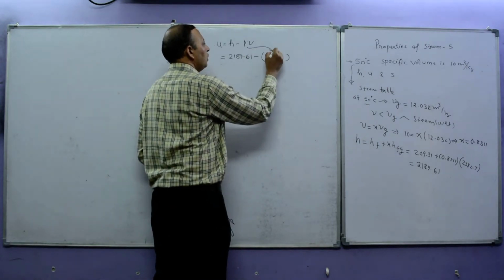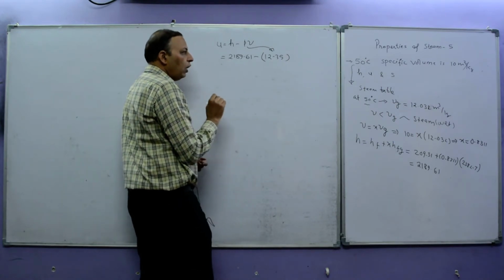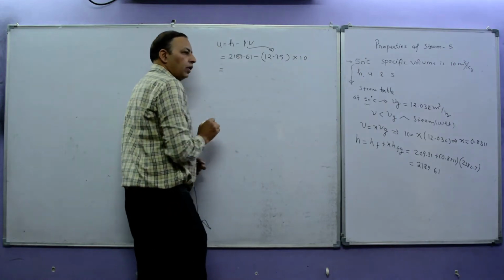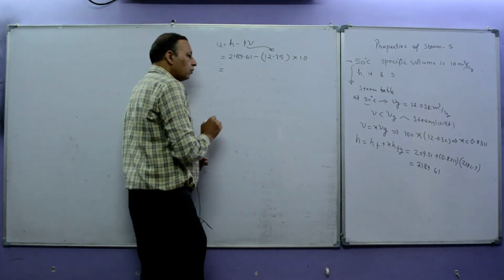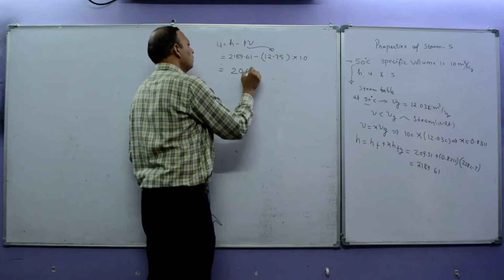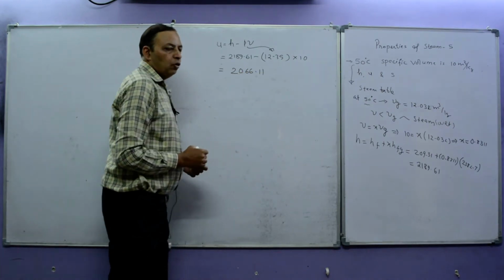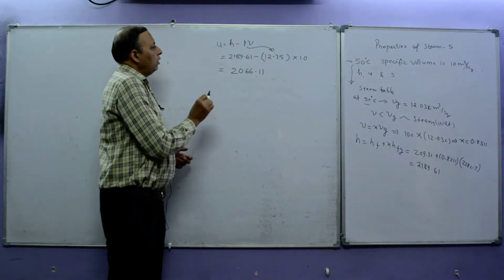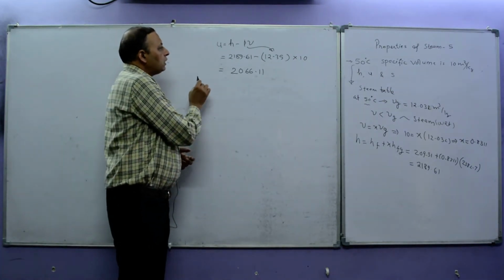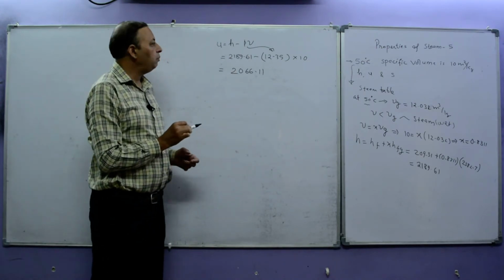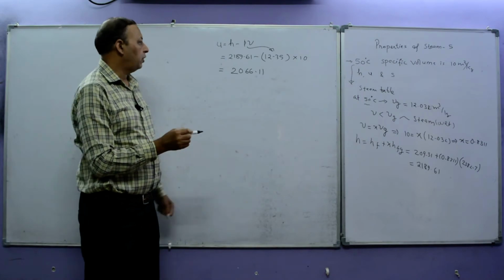This is saturation pressure, and the value V is given, it is 10. So you will get the value of U as 2066.11 kilojoule per kg. In the temperature table, just in the second column, you will get the value of P. This P is saturation pressure.